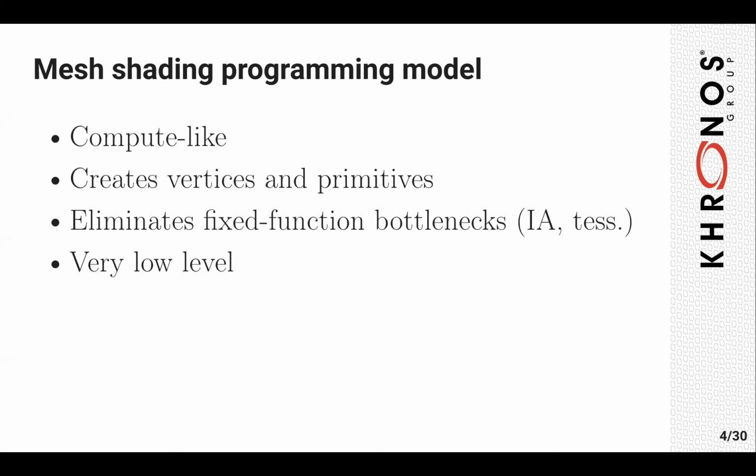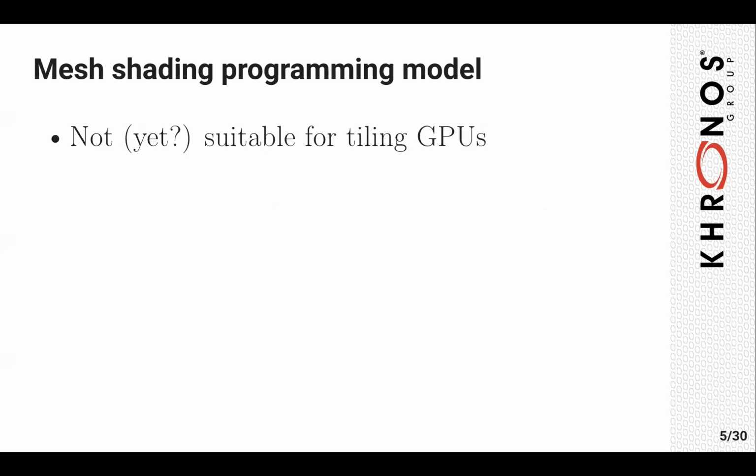And the main thing about it is that it eliminates some fixed function bottlenecks that existed in the traditional pipeline. So with mesh shading, you no longer have to deal with input assembly, and you no longer have to deal with the fixed function tessellator. Unfortunately, this programming model is not suitable for mobile GPUs or tiling GPUs yet. So currently, those GPUs don't support the new programming model.